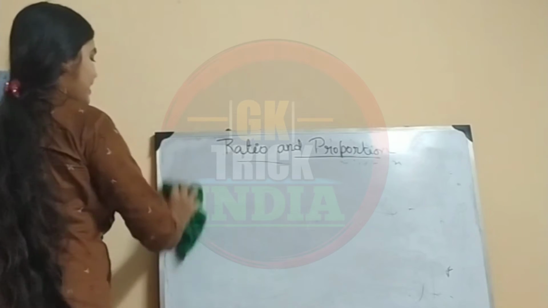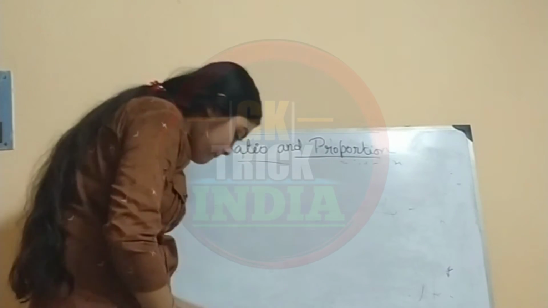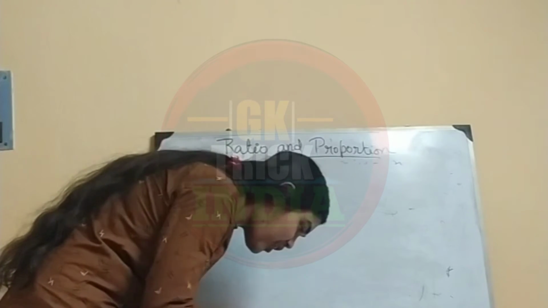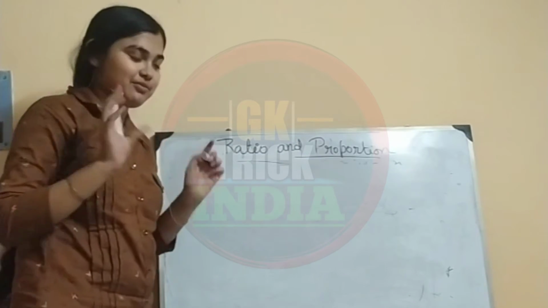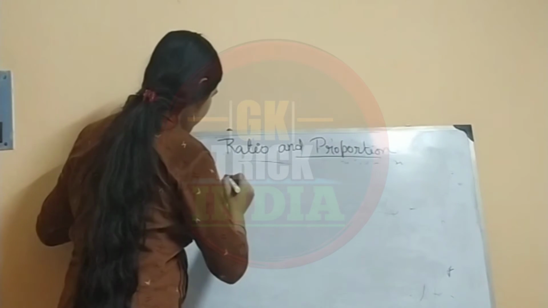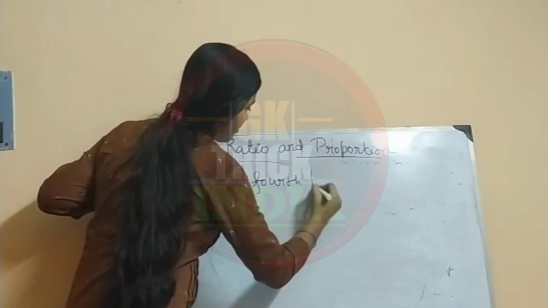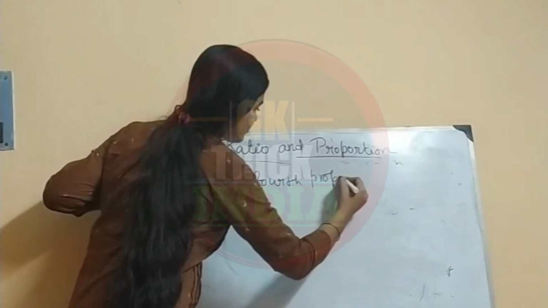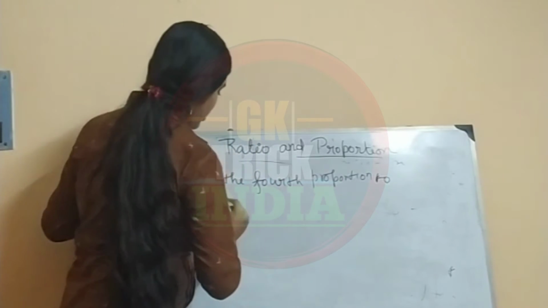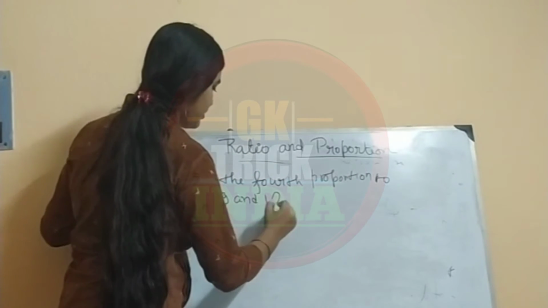Now let us take some examples from proportion. Here is an example: find the fourth proportion to 4, 9 and 12.